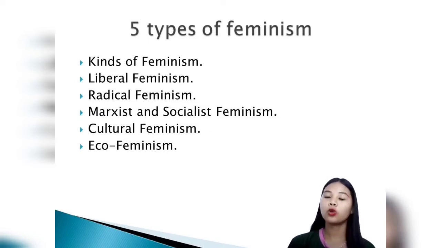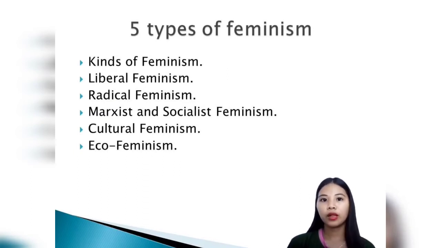Fourth is cultural feminism. It is a female nature or female essence, attempting to revalue and redefine attributes ascribed to females. Fifth is ecofeminism. It is a branch of feminism that examines the connections between women and nature.